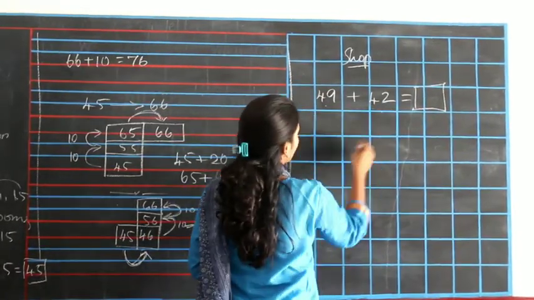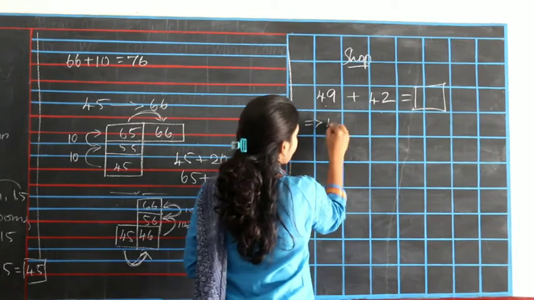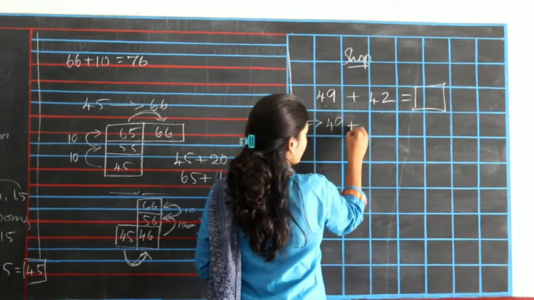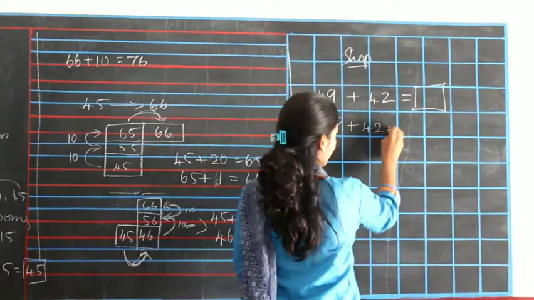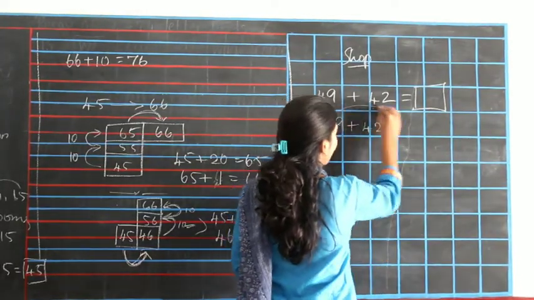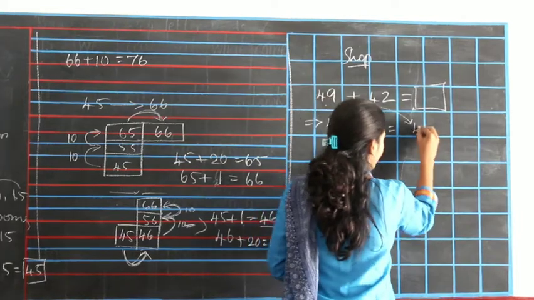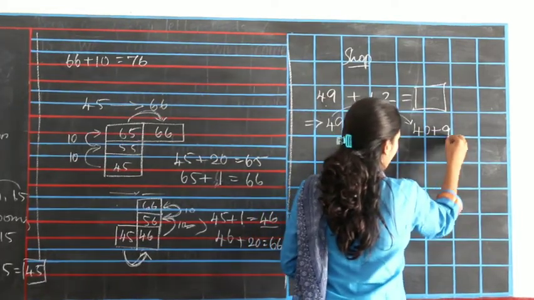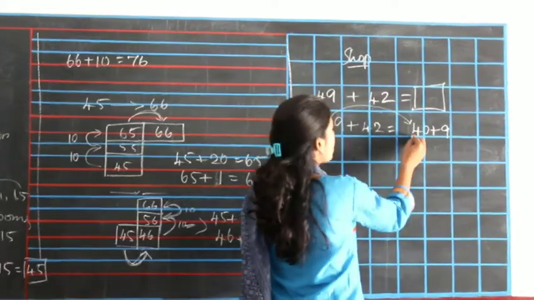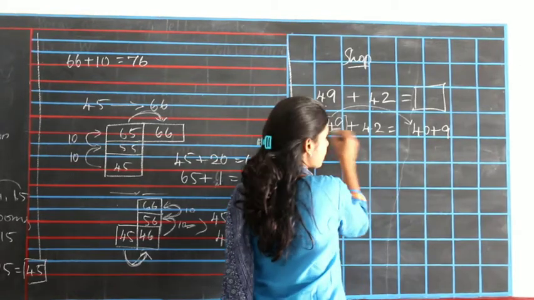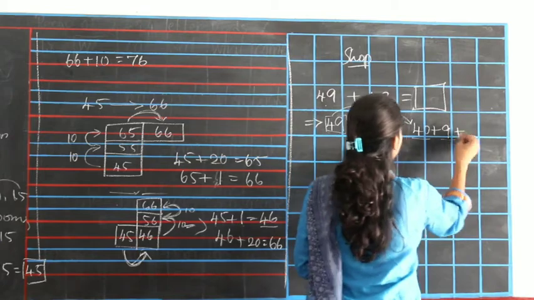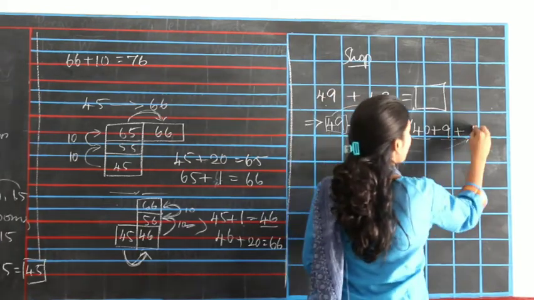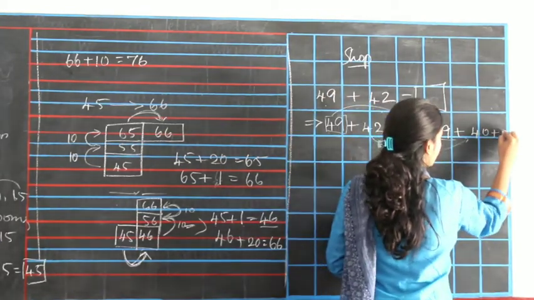49 plus 42. Here you see we have 49 rupees for pomegranate and 42 rupees for watermelon. We can write 49 as 40 plus 9, which is 40 rupees plus 9 units. And then we can write 42 as 40 rupees plus 2 rupees.